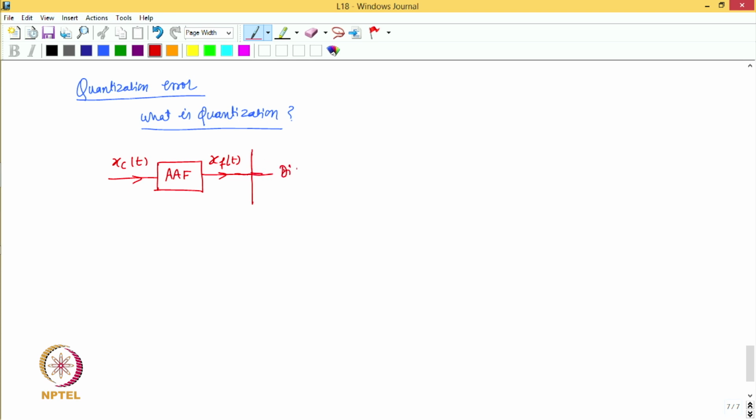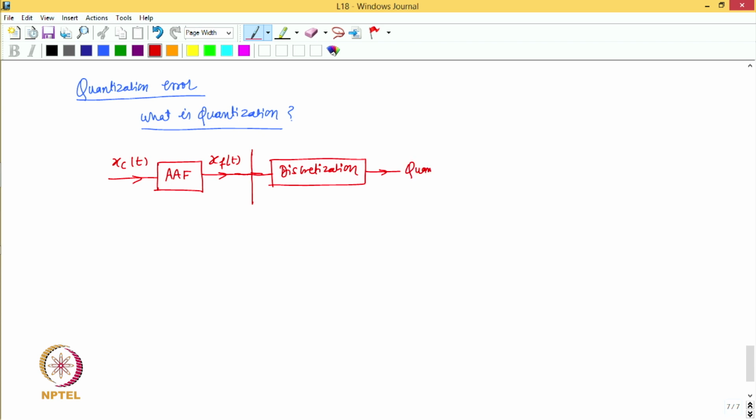So, discretization is the first step, and then after that the signal is discretized, then it is quantized.